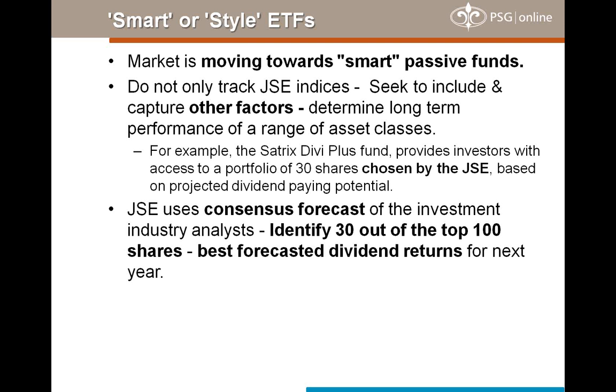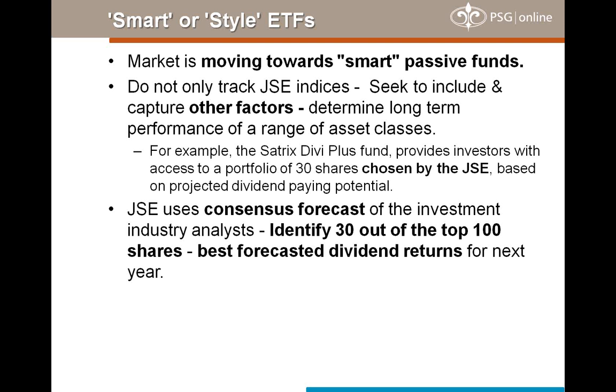Smart, this is where the market's moving towards, where there is value add. The trend is moving towards what they call smart passive funds. So they're not only tracking the underlying index, they look at other factors. And I use the example here of the Satchix Divi. Now, the idea here is that they use a consensus from the industry analysts.